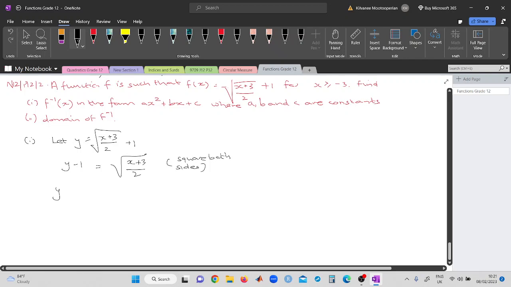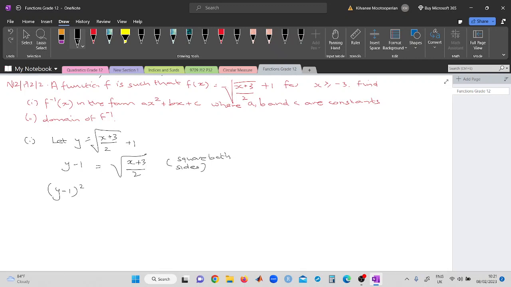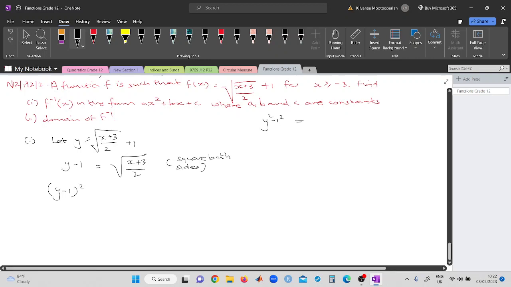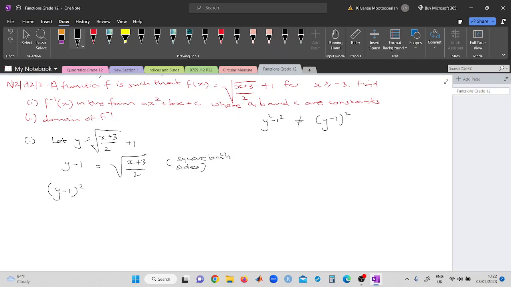When I square both sides, it is this to the power of 2. There is an error here: it is not the same thing as the root minus 1 square. Since we square both sides, we put a bracket and then square it. This will be the same: x plus 3 over 2 square.